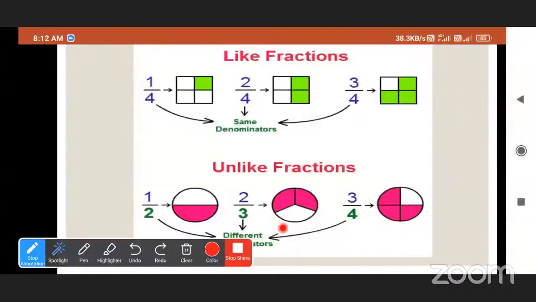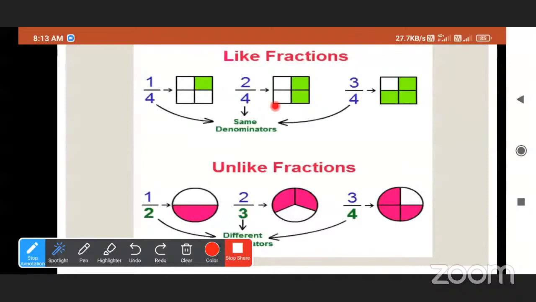Here, like fractions. Read this one. 1 upon 4. So here, which one is the numerator and which one is the denominator? Numerator is 1 and denominator is 4. Very good.